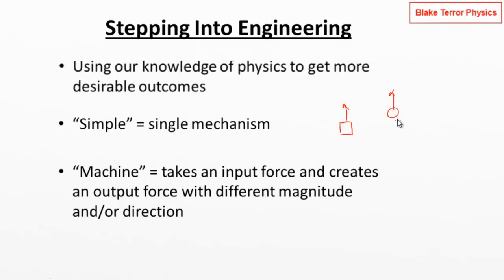That machine will then apply a larger force to an object. And that larger force may be in a different direction and it will get the object to move. So it's all about changing the magnitude of these forces. So that's our input force, which is small, to a large output force, potentially in a different direction. And now, lo and behold, our object starts moving, which we couldn't shift before.